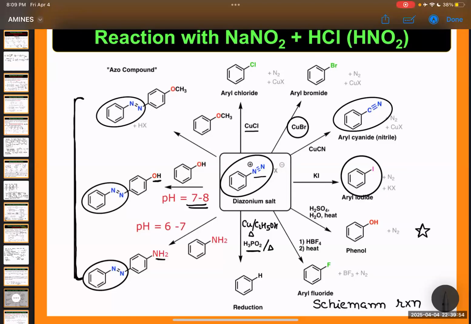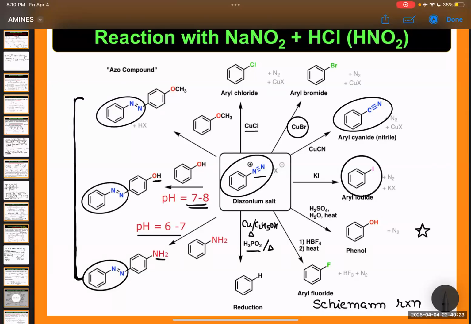What do you get from phenol? You get phenoxide ion, O minus, which is basic, and it becomes more reactive, so this diazonium cation gets joined at the para position of the phenol. On the other hand, in aniline you require a slightly acidic medium.